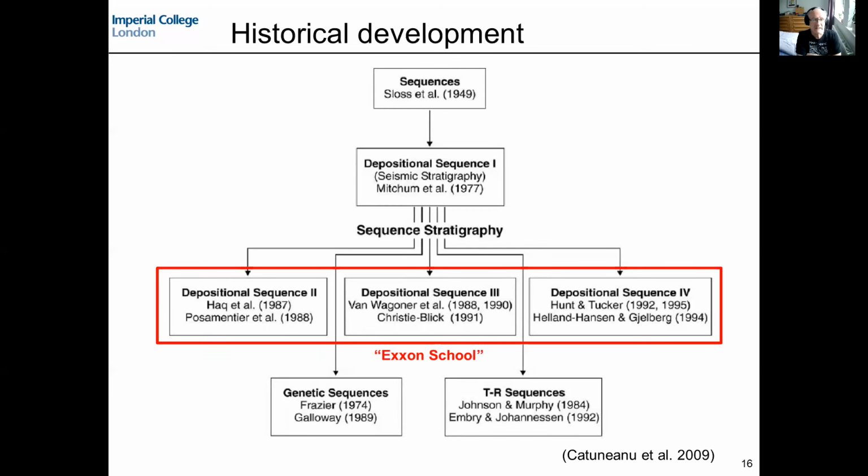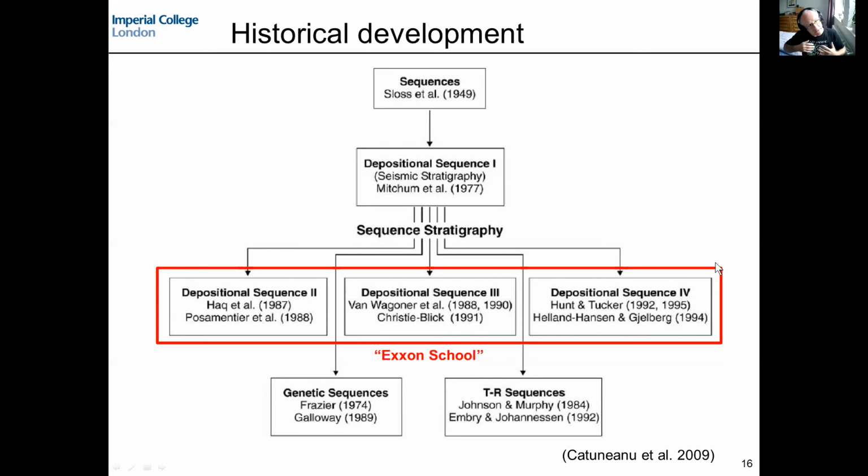So this slide, the detail isn't important, but just to say that there's a long history of trying to interpret time within sedimentary rock successions. That predates 1949, which is the oldest reference shown here. But really what we think of as sequence stratigraphy today was sparked by the advent of large volumes of seismic reflection data in the late 70s.